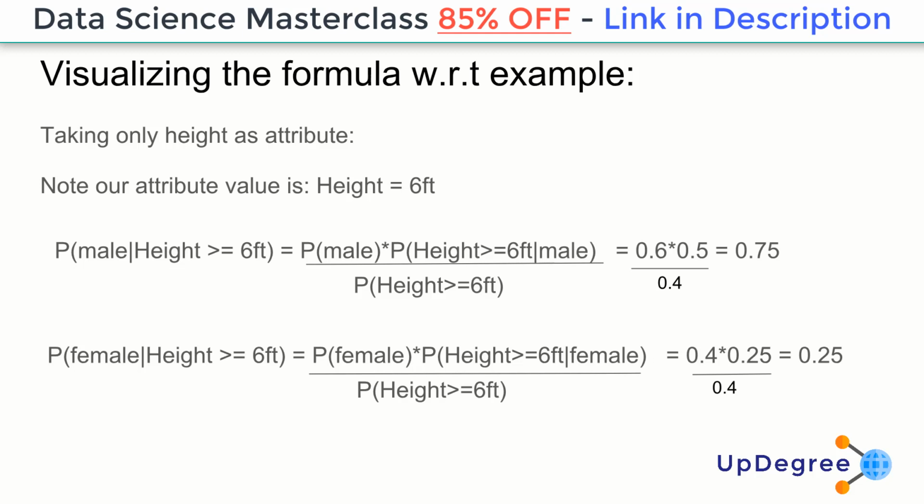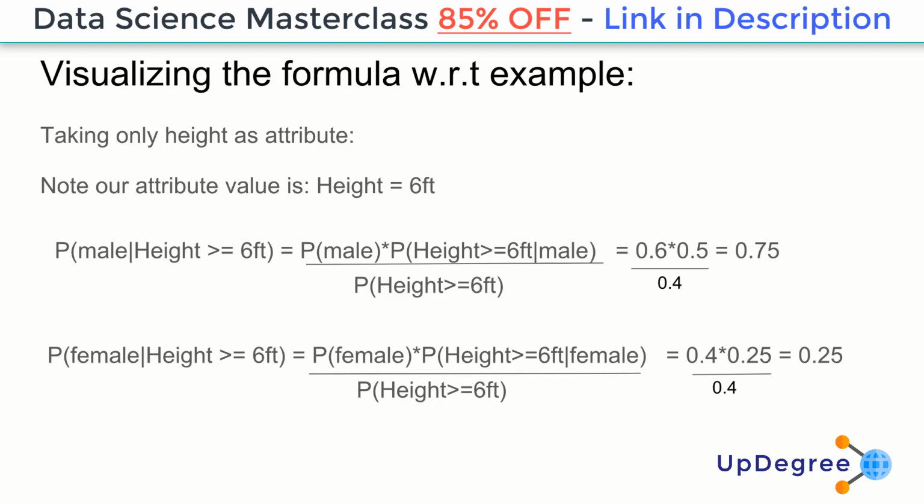And across both male and female class, we have 40 people who are more than 6 feet tall, because there were 30 in the male class and 10 in the female class. So that becomes 0.4, and putting these into our formula, these values give us the answer of a 0.75 chance that the person is a male.